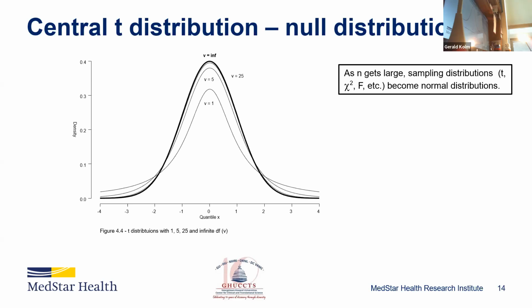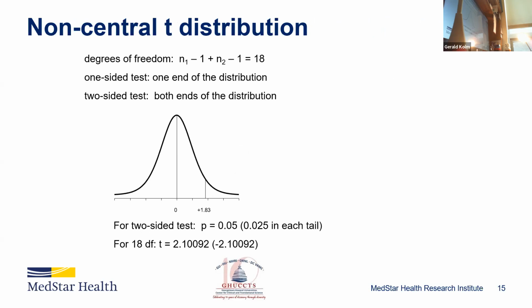And so when we do our statistical test, we're going to base it on the null distribution, and we're going to calculate a p-value. The test statistic that we get is going to be somewhere between minus infinity and plus infinity. In our example here, where we had 10 in each group, our degrees of freedom is n1-1 plus n2-1, or 18.